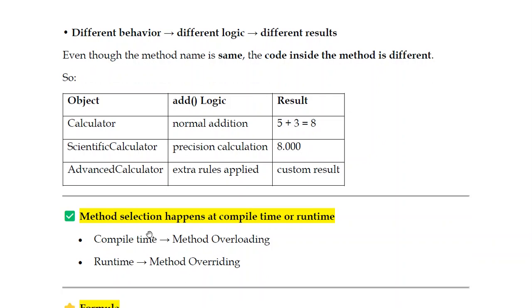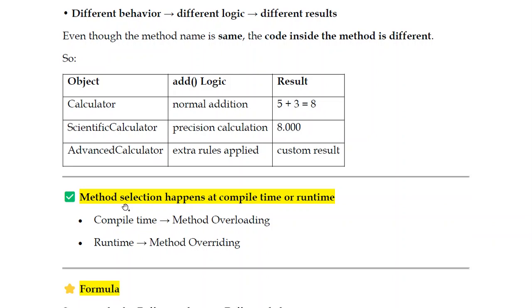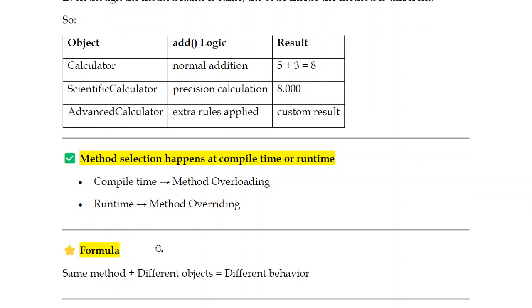During compile time the compiler checks, and at runtime the JVM checks. During compile time, method overloading is achieved; at runtime, method overriding is achieved. What method overloading and overriding are, we will discuss in the forthcoming session. So the simple formula: same method, different objects equals different behavior. Using the same name, you behave differently for different objects.